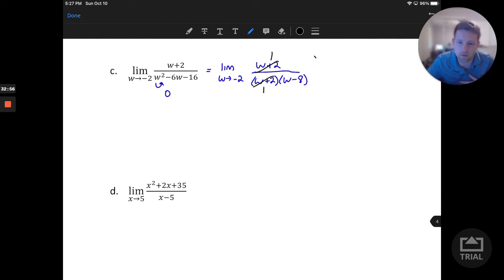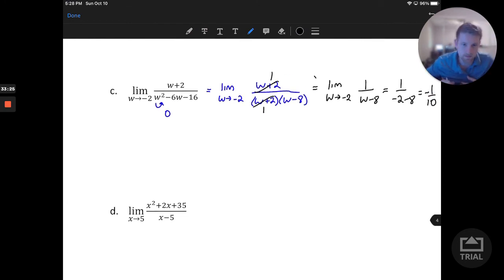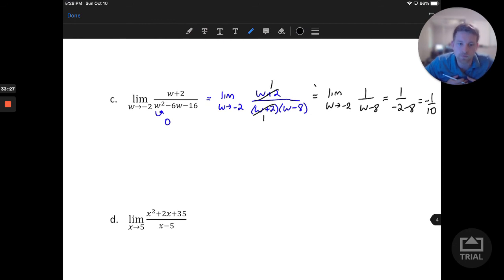So cancel the w plus 2's out and then rewrite our limit. That would be 1 over w minus 8. And now we're free to actually evaluate our limit at w equals negative 2. And so that would be 1 divided by negative 2 minus 8, or negative 1 over 10. So that would be our limit value right there, negative 1 over 10.